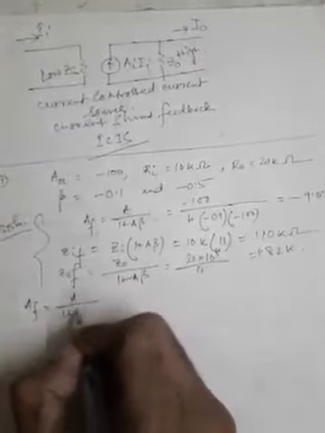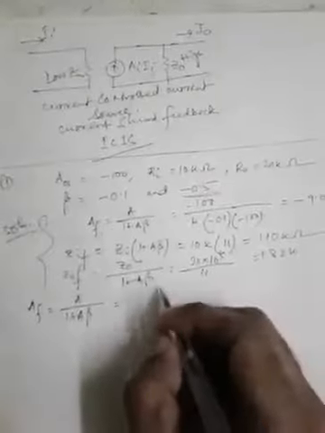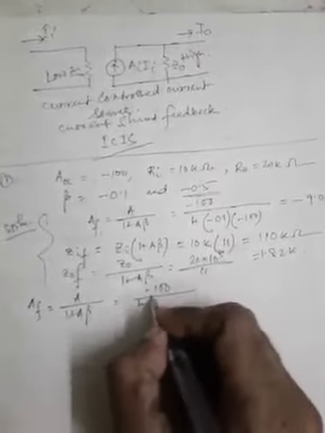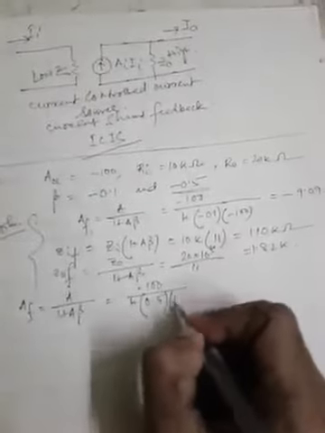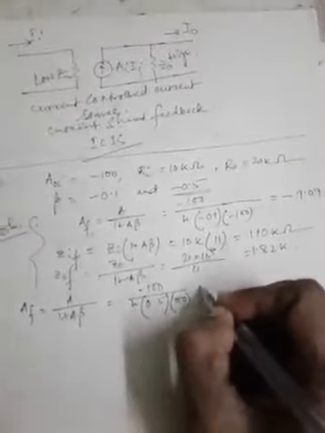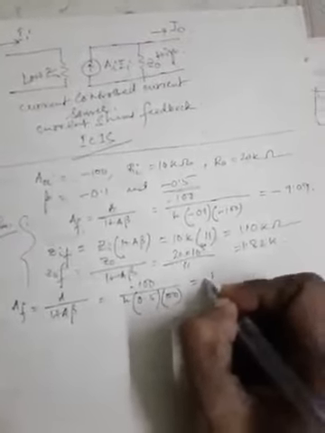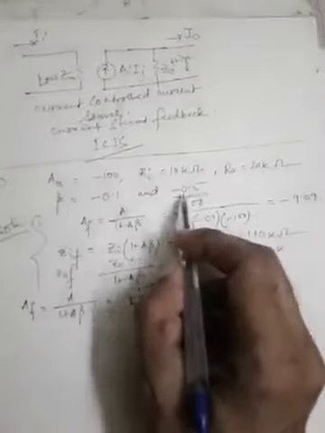The second set is when beta is minus 0.5. Once again we need to calculate AF considering beta as minus 0.5. So minus 100 by 1 plus 0.5 into 100, and this should give you minus 1.96. This is the gain with feedback when beta is minus 0.5.